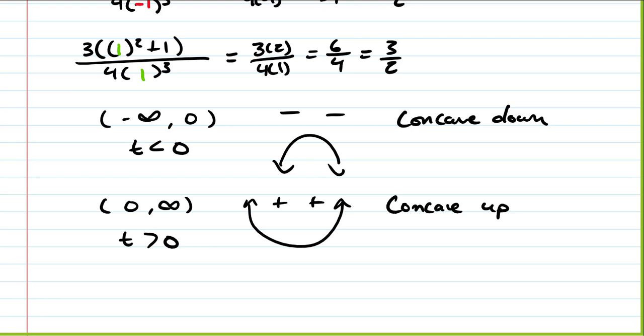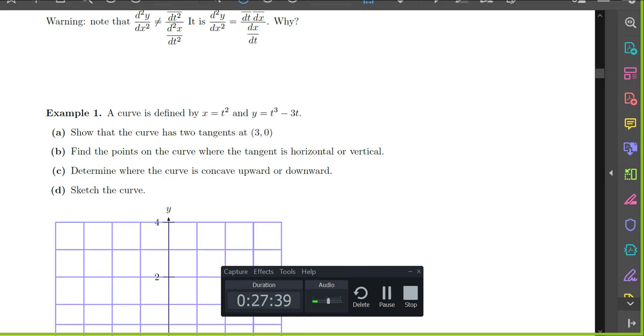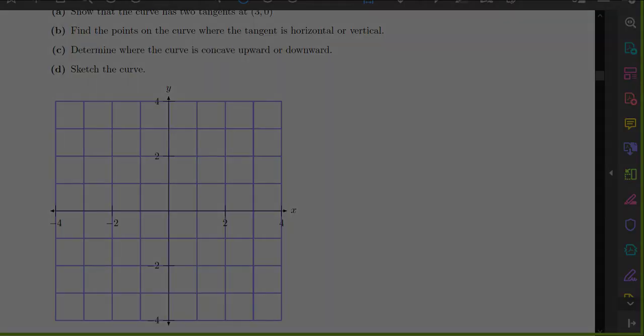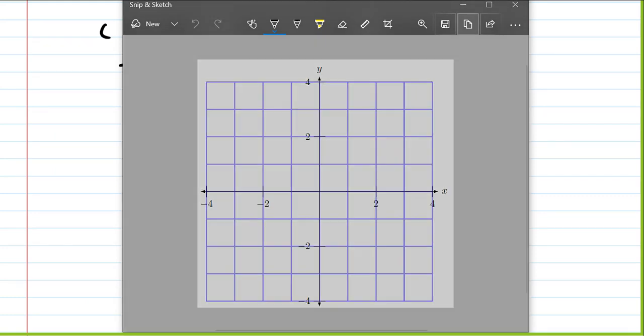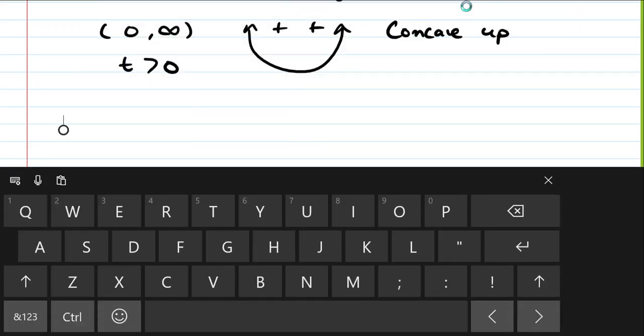All right, so let's go ahead and sketch our graph, and then we'll do so with our calculator and see what it looks like. So what did we figure out amongst all of our doings?